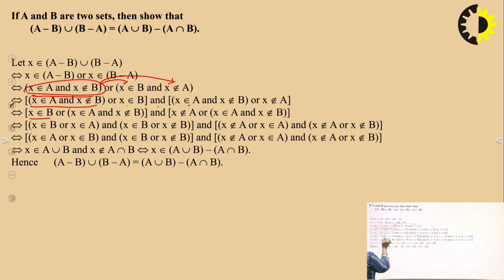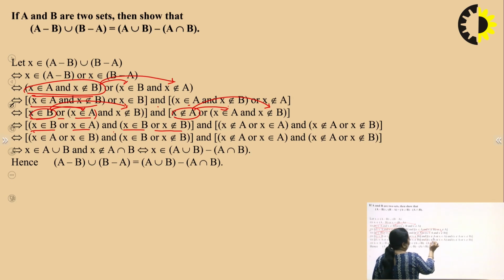X belongs to A or x belongs to B, first x belongs to B, multiply to x belongs to A, then x does not belong to B. See, x belongs to B or x belongs to A, and x belongs to B or x does not belong to B. Similarly here, x belongs to A, x does not belong to A, first multiplied here and then it is multiplied here.